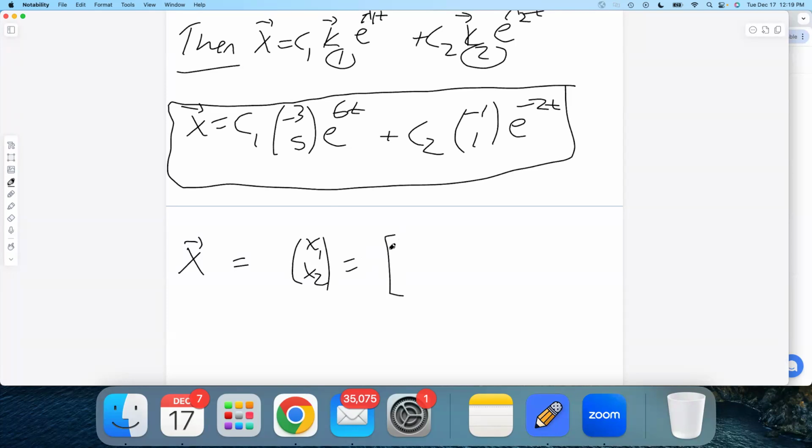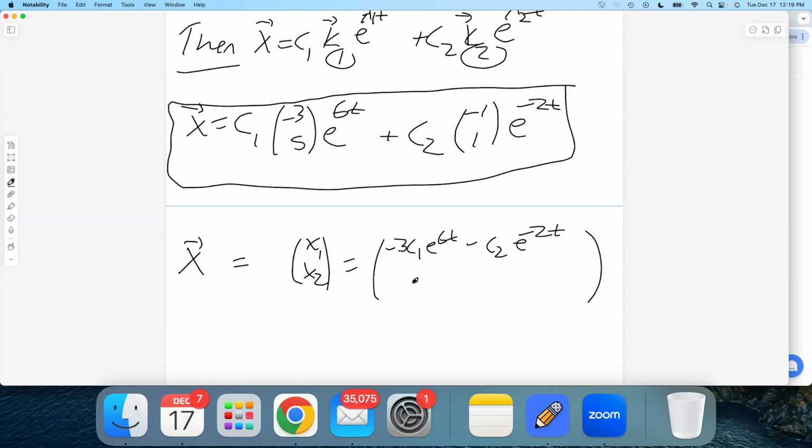If I go along the top, just for consistency I'll use parentheses, I get -3c1 e to the 6t minus c2 e to the -2t. Really, it's plus, but I had that -1 there.